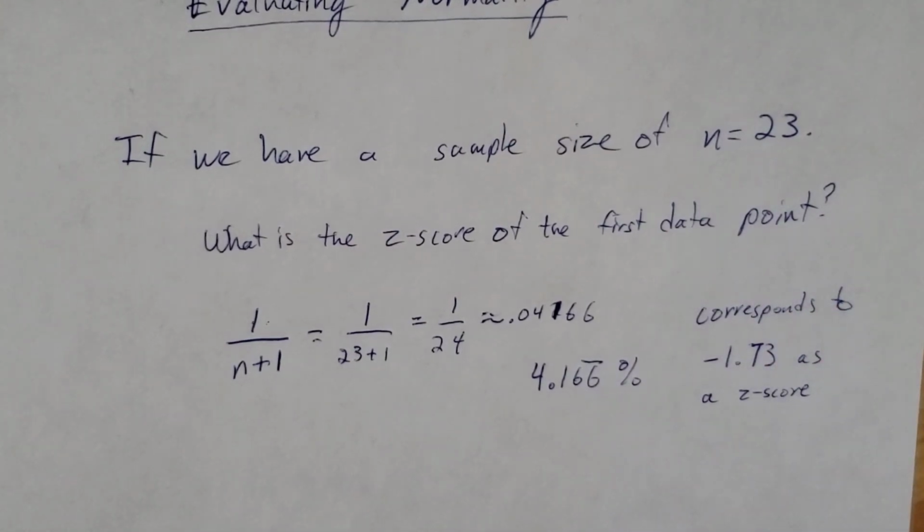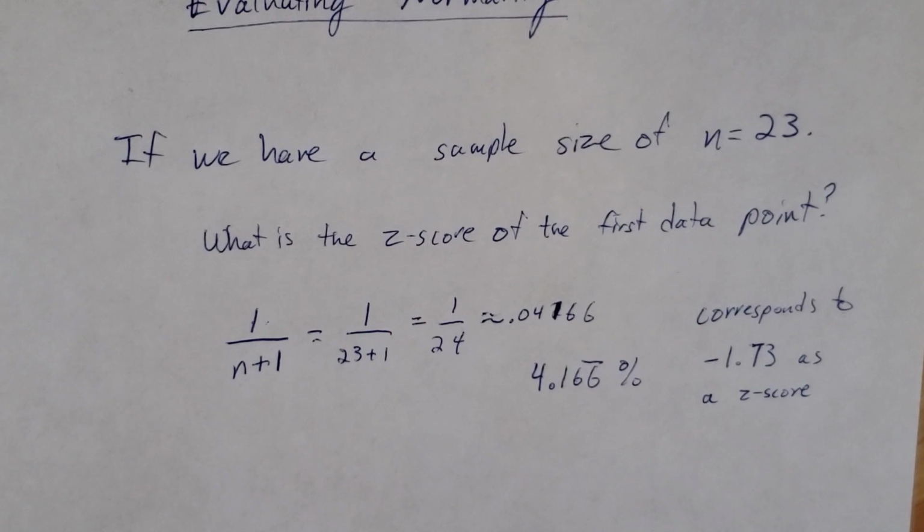All right. And so how might we use that if we're trying to evaluate whether a certain data set follows a normal distribution or not? Well, you look at the actual value of your data set, right? We don't have the data set here, so we can't do this part, but what you would do is look at the actual value that first data point has.